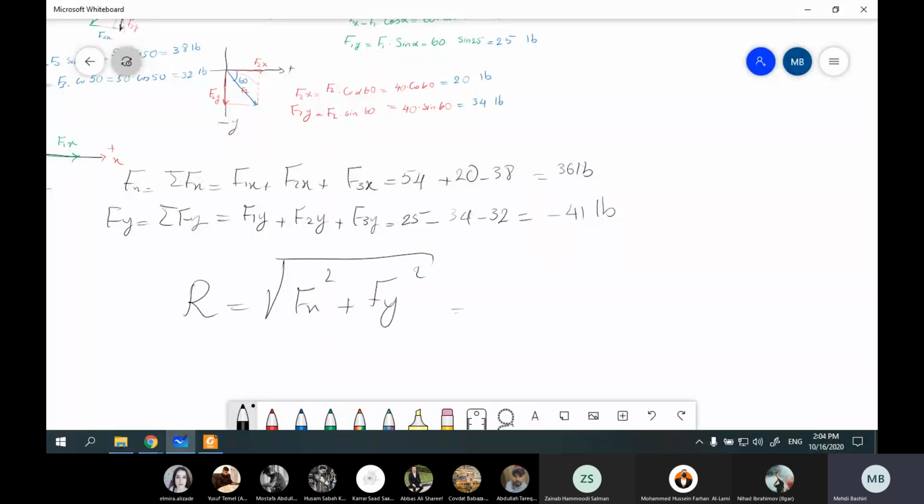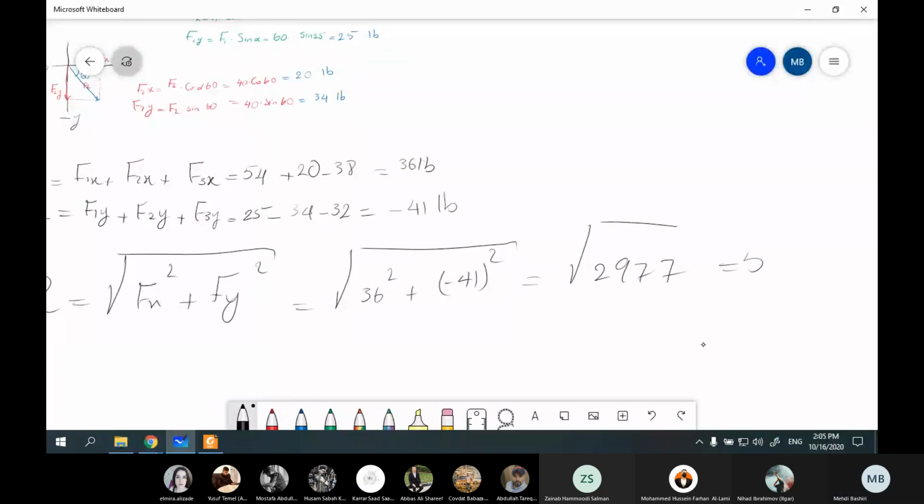So this is the square root of 36 squared plus negative 41 squared. The answer is 54 pounds.